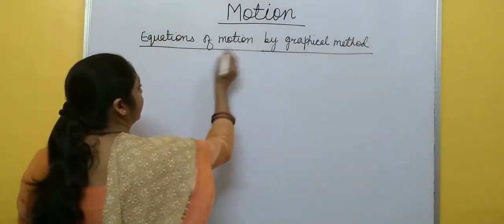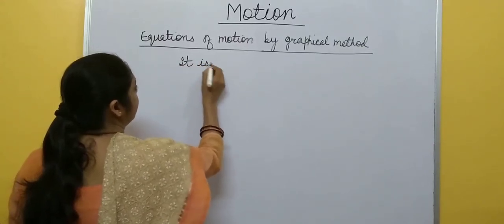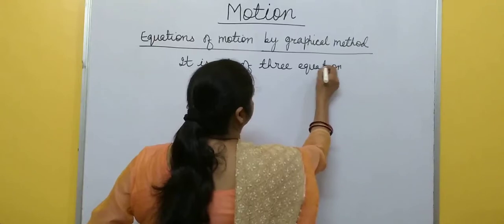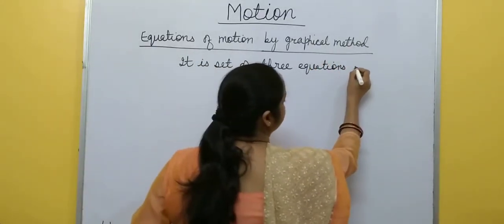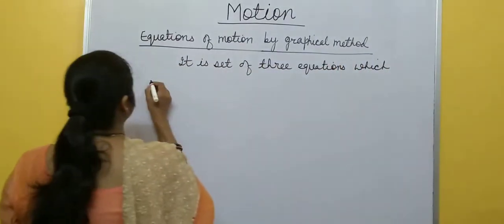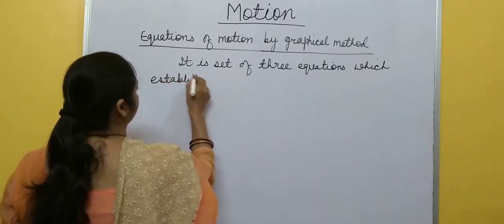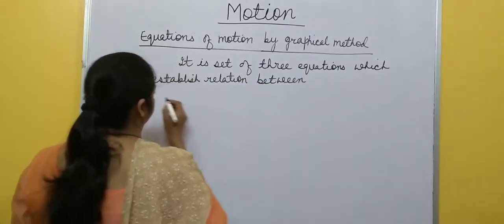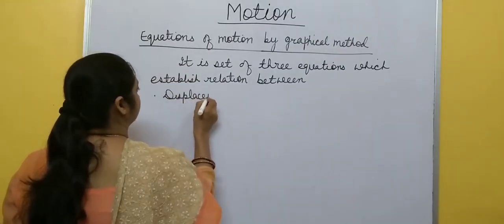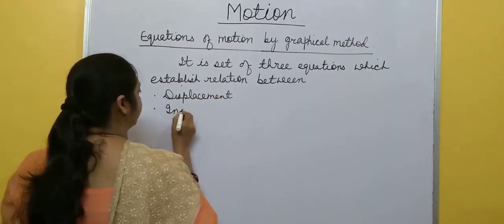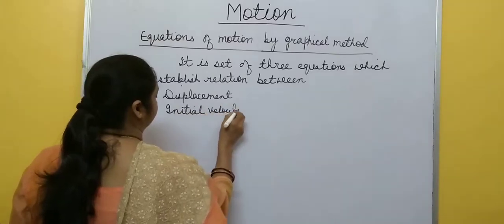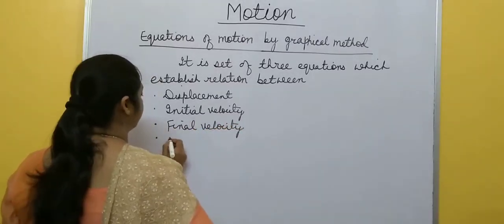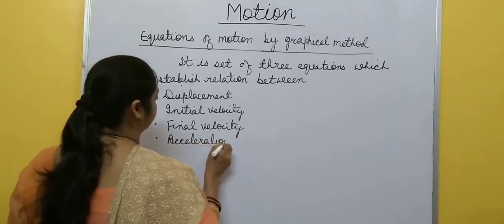So, you can write that equations of motion is a set of three equations which establish relation between first displacement, second one is initial velocity, then next final velocity, then acceleration, and then last time.